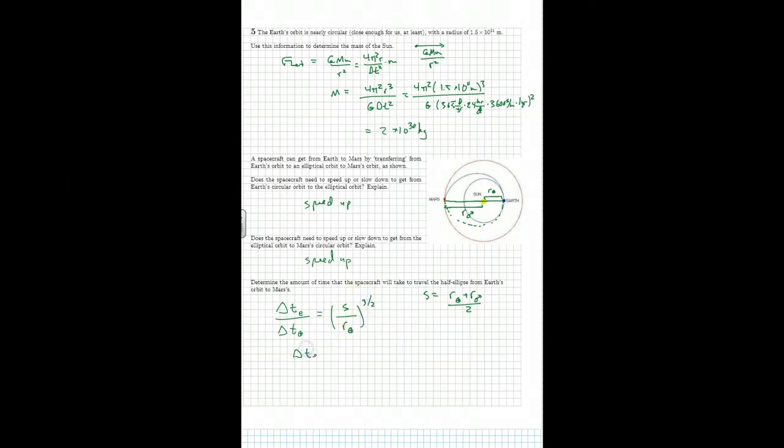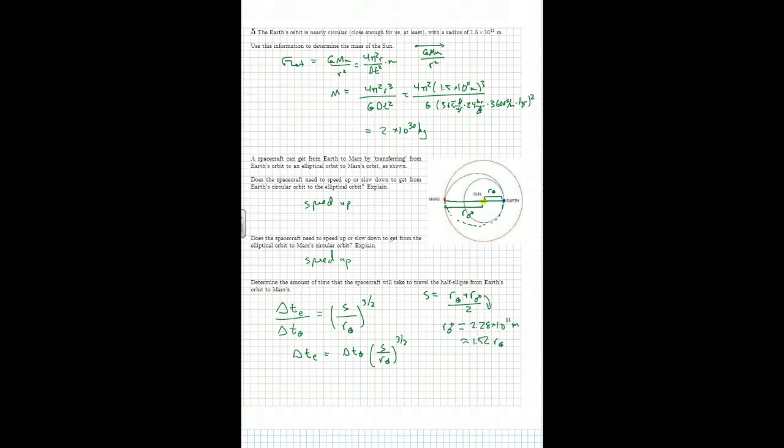So Δt for the ellipse is Δt for Earth, that is 1 year, times that ratio. And to do this, we need to figure out what Mars's orbital distance is, so we need to look that up.